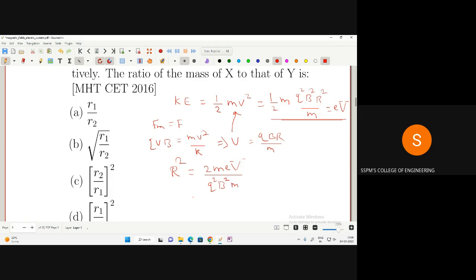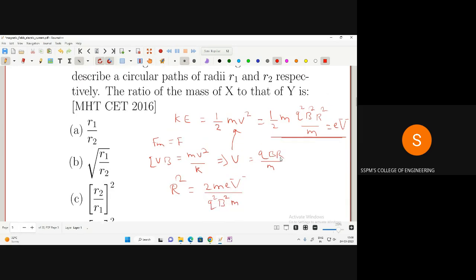M also comes in the denominator. Just a minute. It must be m squared. M divided by m squared is 1 by m.